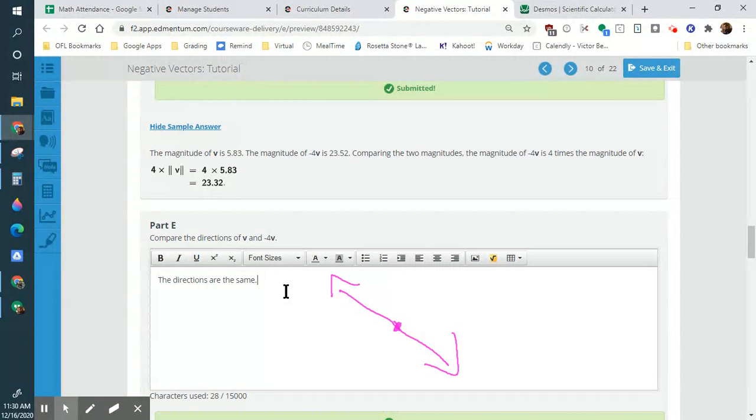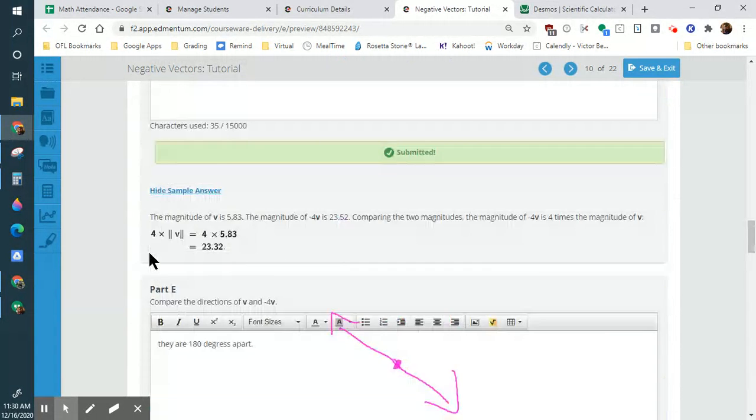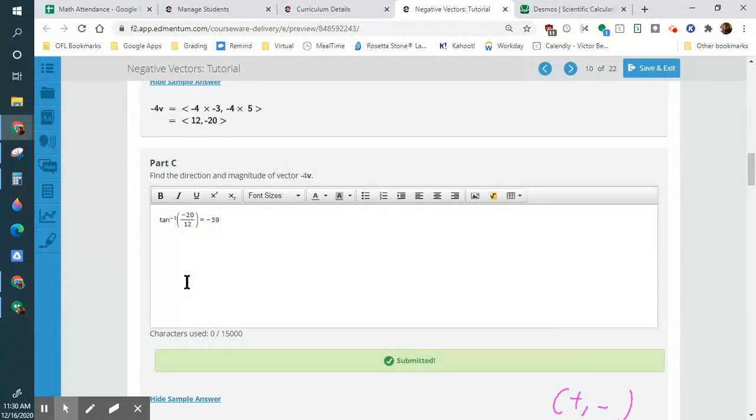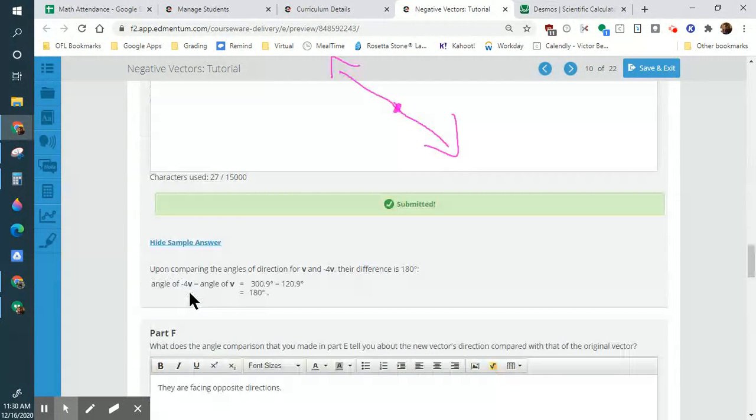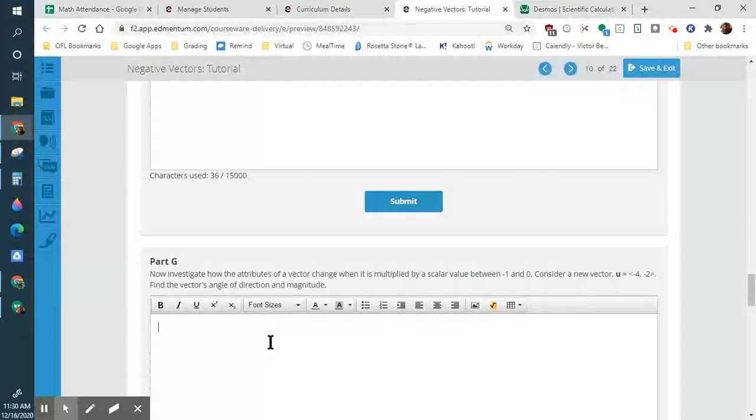So they want you to say that they are 180 degrees apart. So we will have to redo the top ones. I'll go over them in a bit. And then this one just says that they're in opposite directions.